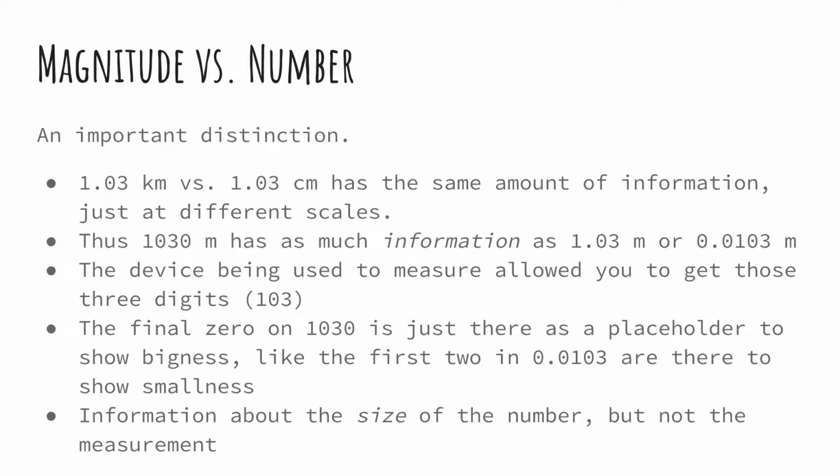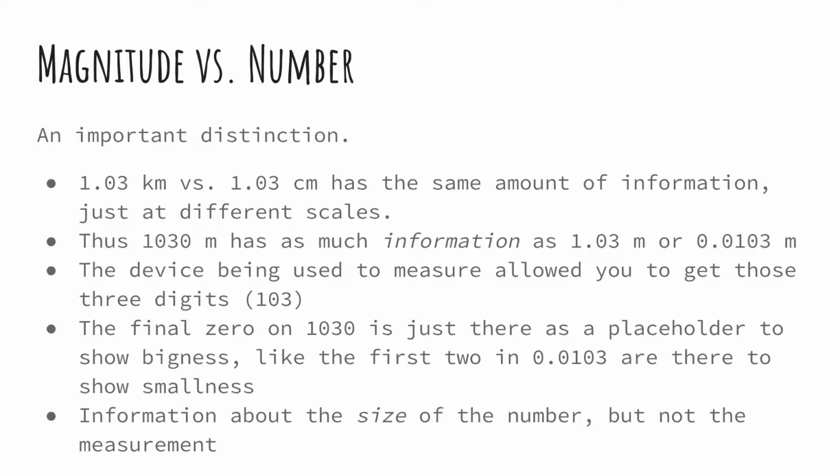And I really want to hammer this home, magnitude versus number. 1.03 kilometers has about the same amount of information as 1.03 centimeters, just at very different scales. Okay? You have those 3 digits there. You have the same sort of level of precision in both of those measurements. 1,030 meters has as much information as 1.03 meters, or 0.0103 meters.